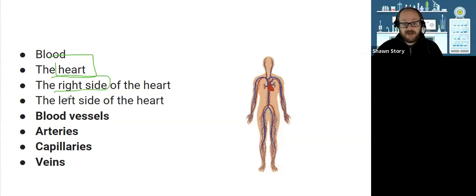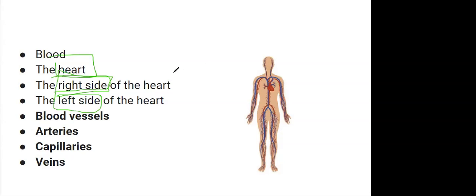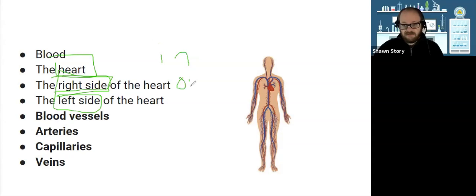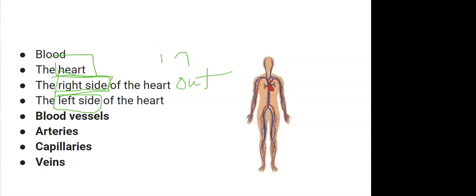We talk about the right side and the left side of the heart. Do we know what the purposes of the different sides of the heart are? One's pumping blood in and out. Okay, so in and out. Okay. The right side pumps in, or yeah.